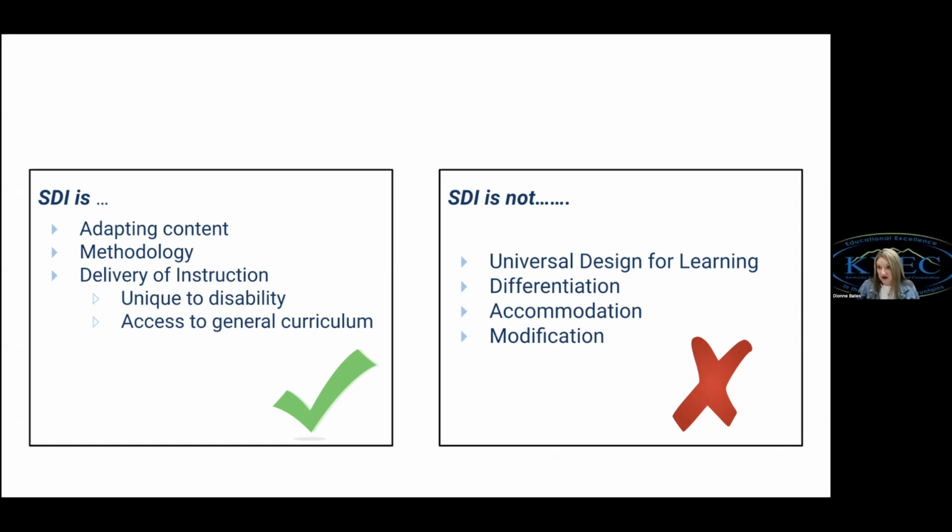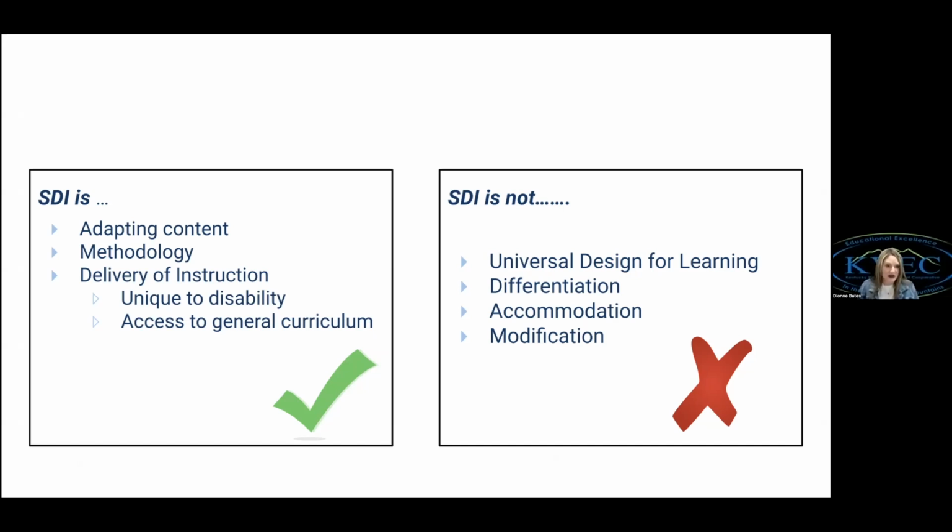It's not universal design or UDL. It's not differentiation. It's not accommodation, and it's not modification. So for example, if I give a student a graphic organizer, that might be an accommodation to help them organize their thinking. It doesn't become specially designed instruction until we teach them how to use that graphic organizer.